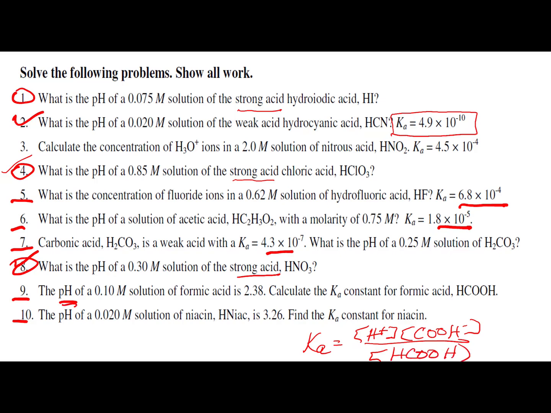If you know the pH, you can do the inverse log of the negative of the pH. That's going to give you these two concentrations here. Then you can solve for the Ka that way. So I want you to try 9 and 10.